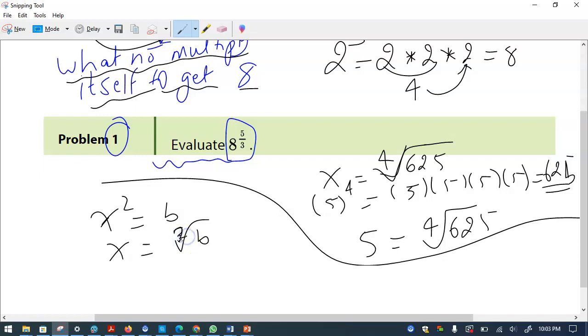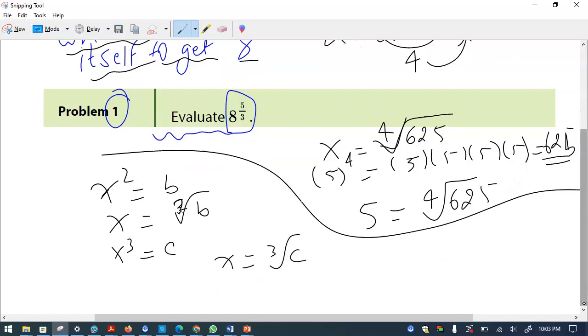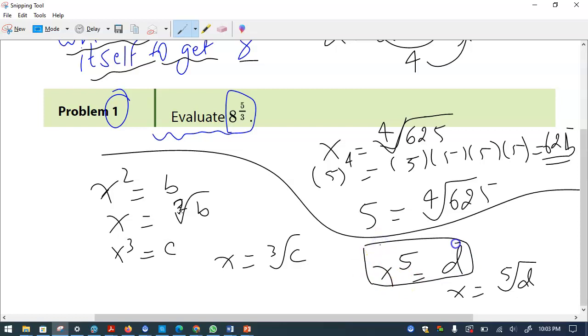If x cubed is c, then x is the cube root of c. If x raised to 5 is d, then x is the fifth root of d. This is the understanding from the exponent form to the radical form. This is called radical form, and this is called exponent form.